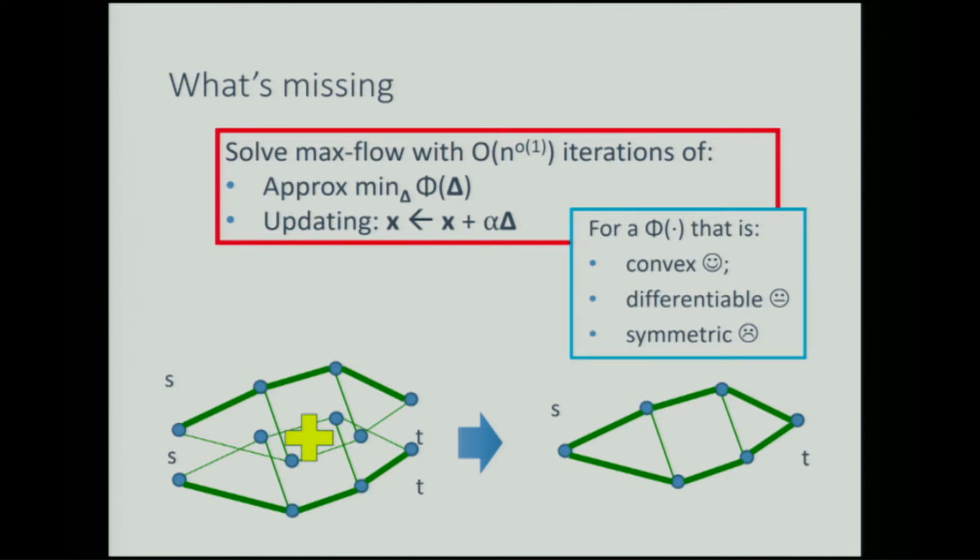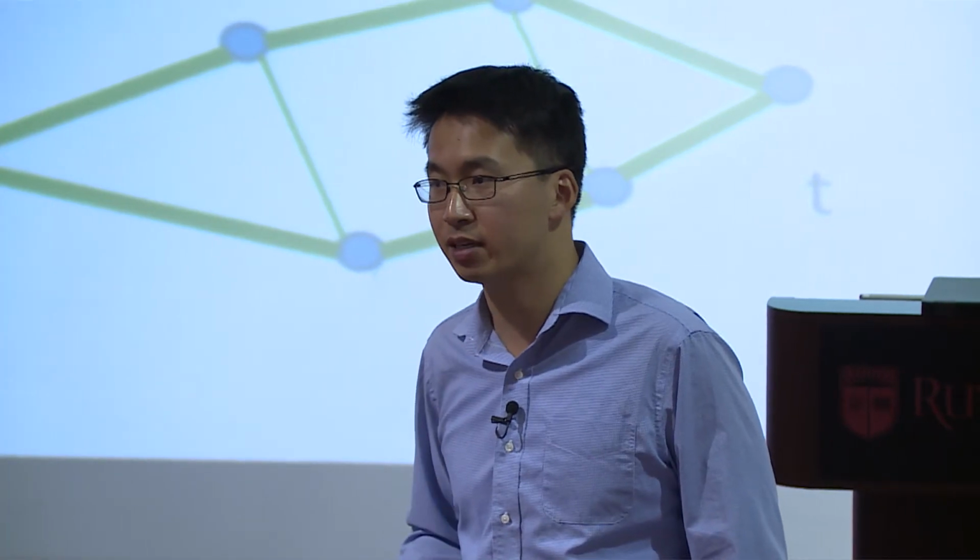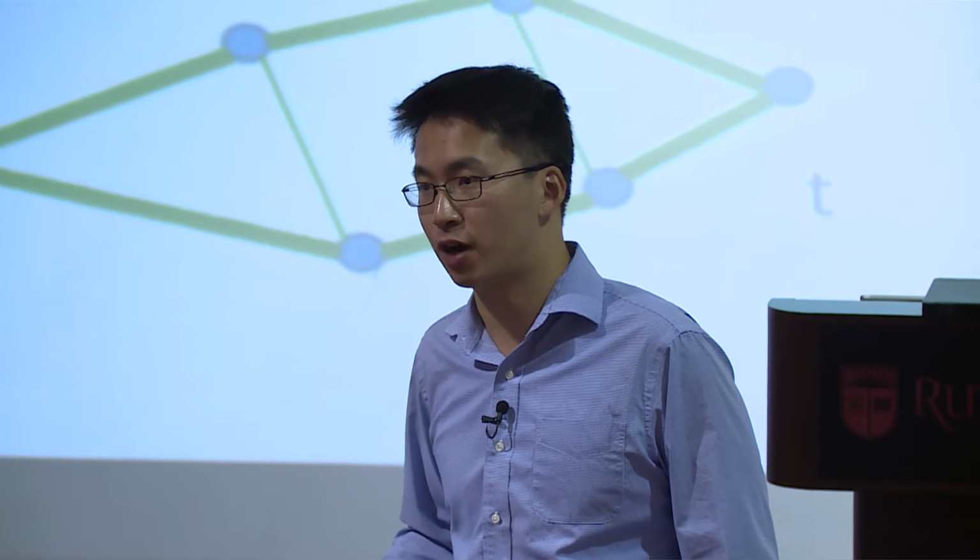The wish list for this potential function is, first, that it should be convex, just to make it solvable. Secondly, I want it to be differentiable, so that I can start doing approximations and throwing numerical methods at it. And the third, which is the hardest, is that I want it to be symmetric. In general, we are much better at preconditioning, sparsifying, and approximating symmetric functions than asymmetric functions.